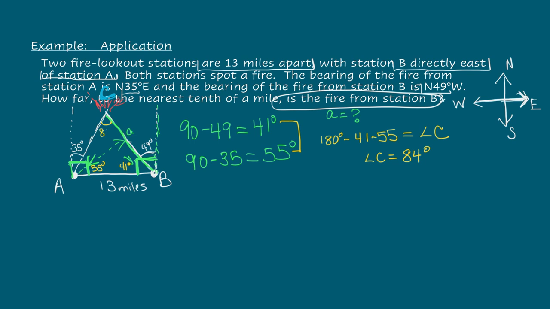So if you grab your calculator, you can check me on that, and you can see that now I know all three angles inside of that triangle. So already I've done a lot of the work here.